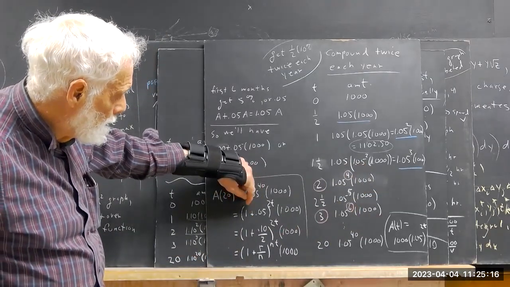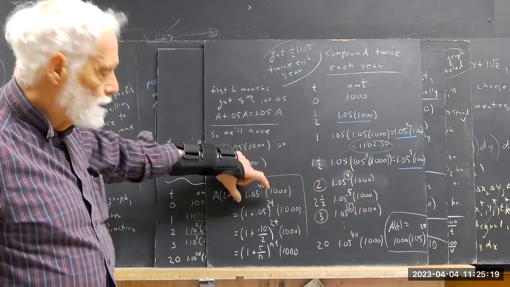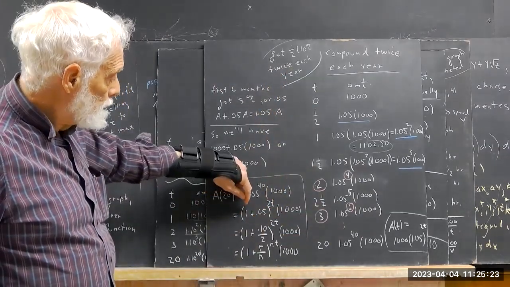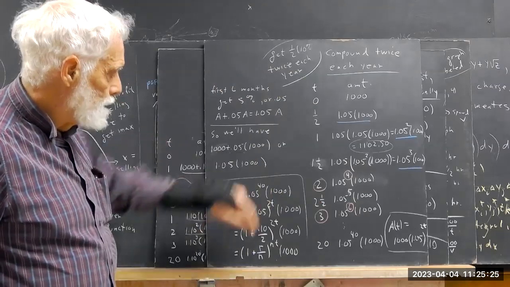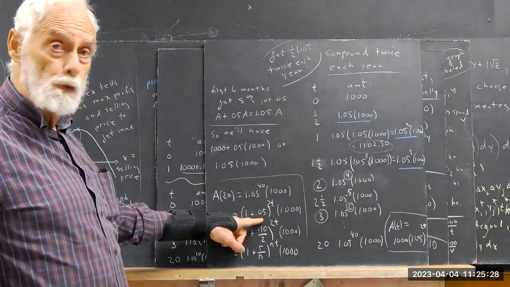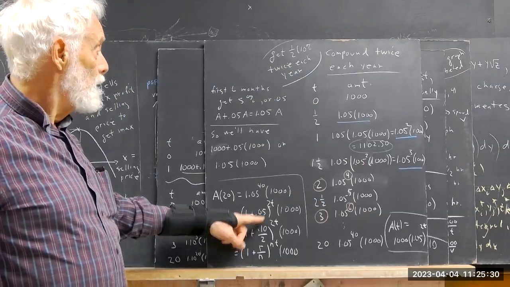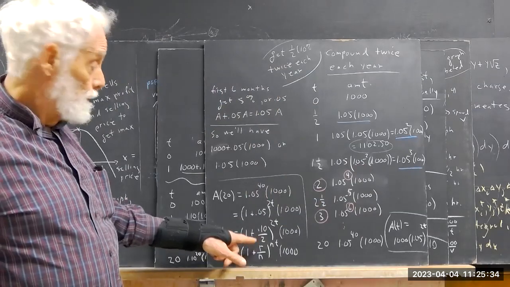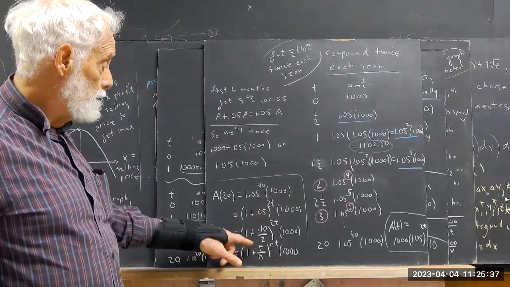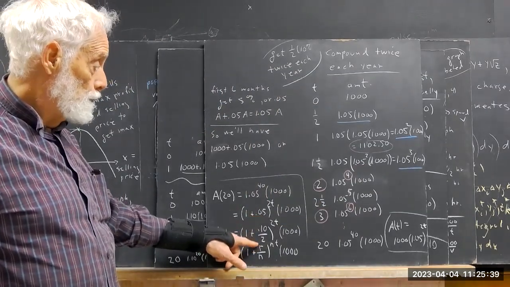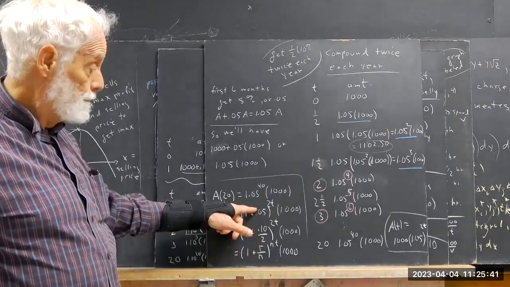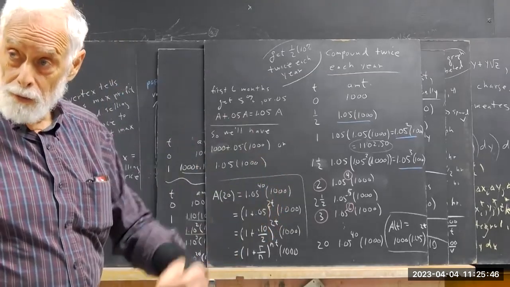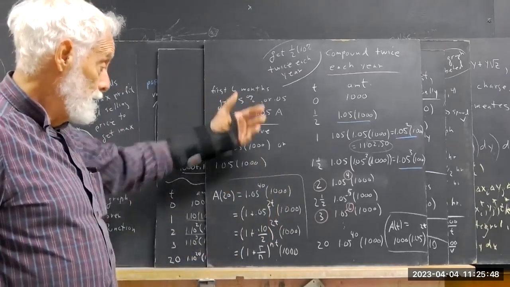We want to understand the formula rather than just use the formula. So why is it 1 plus 0.05? It's because we divided our 10% in half. So the 1 plus 0.05 is 1 plus 0.10 over 2. And why 2t? Because we're compounding twice each year, so we're going to compound 2t times in t years.